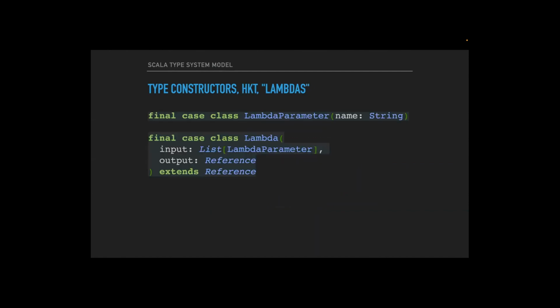So with that said, it's easy to write down a model for type constructors. That would be just a list of strings as input parameters and a type reference as the lambda value. The parameters should be referenced somewhere inside the output of the regular name references.